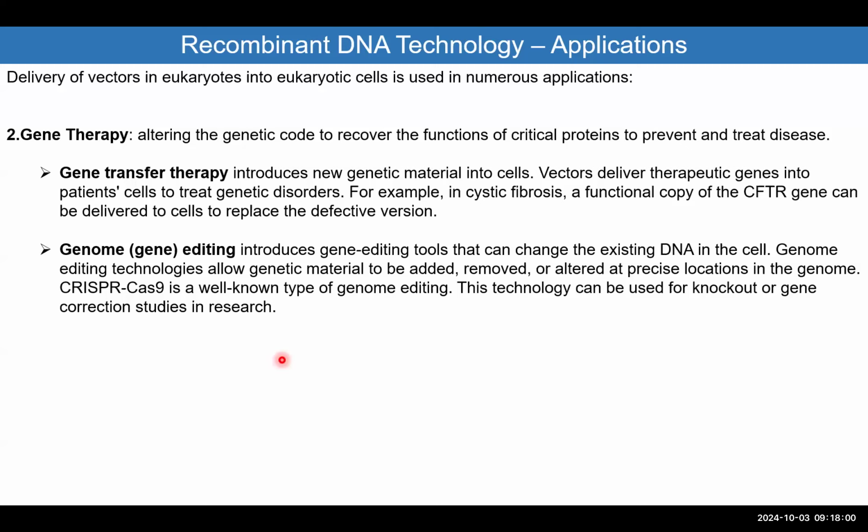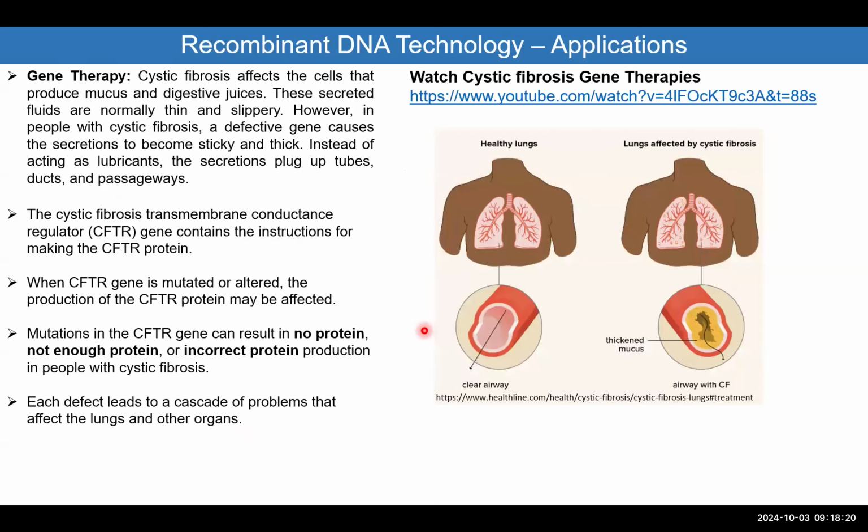And so we use this in animals, obviously, but in humans, that is still not the case. So in order to knock out a gene or overexpress a gene in a genetically modified animal, this has been done a long time ago.